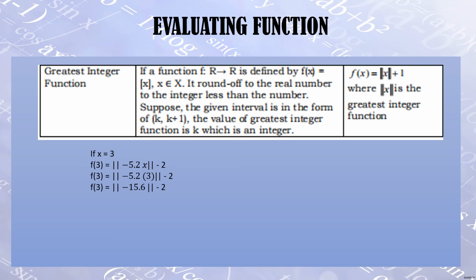Di ba, ang definition ng greatest integer function is kung nasa loob siya ng interval, si negative 15.6, nasa interval yan between negative 16 and negative 15. Ngayon, ang sabi sa definition, ang kukunin daw natin is yung mababa na value. Yung mas mababa.